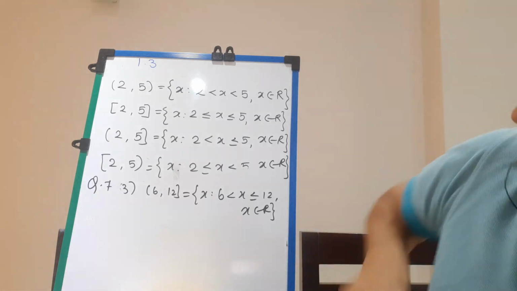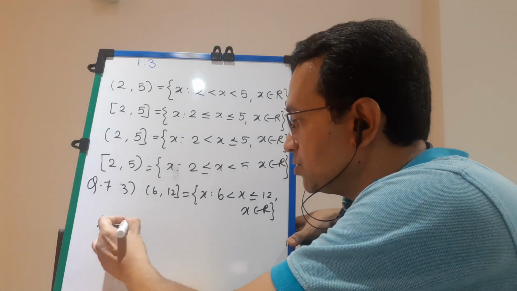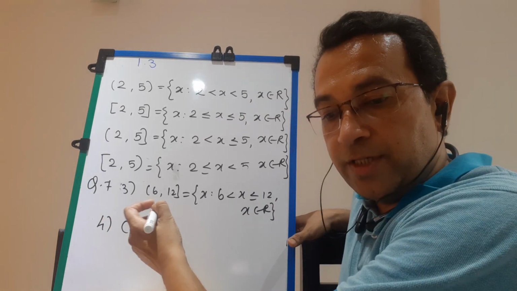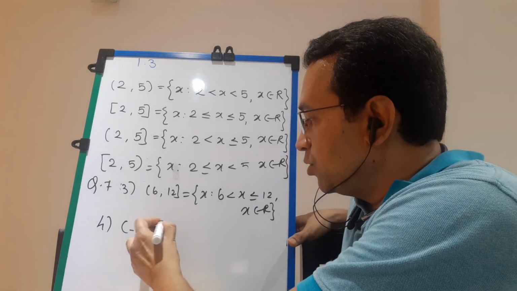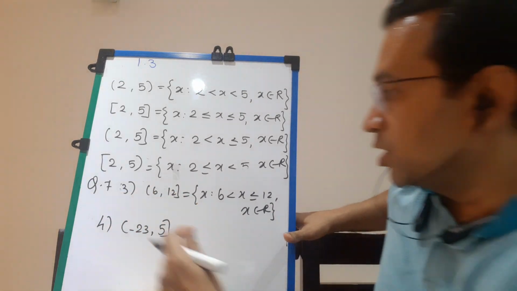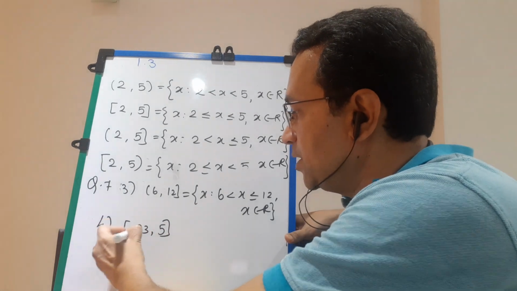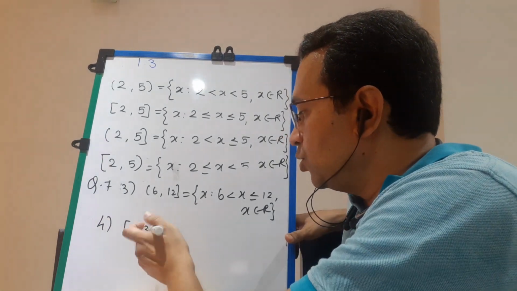And the fourth, I am discussing orally. It is the closed interval minus 23 to open 5.